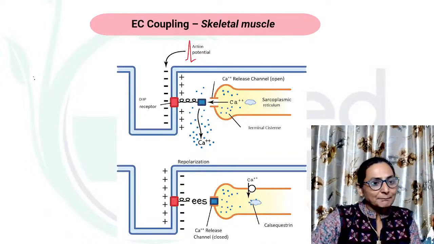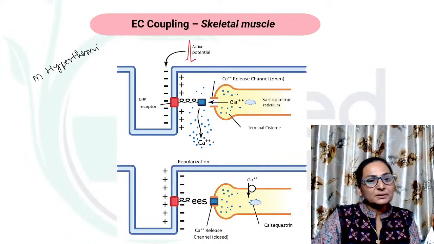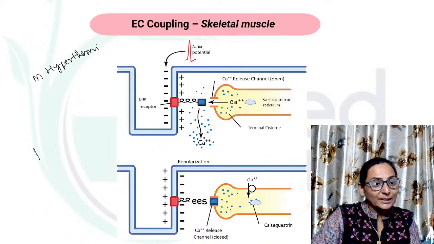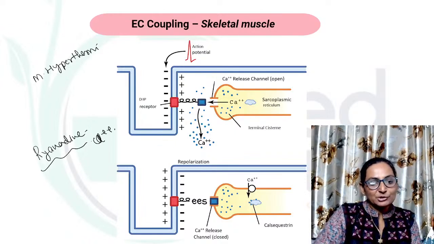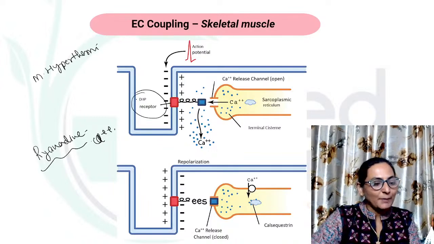Now, this malignant hyperthermia is because of the mutation of the channels present in the ryanodine receptors. These are the ryanodine calcium channels. See, this is the sarcotubular system. These are the T-tubules. The T-tubules have the dihydropyridine receptors, that is the voltage sensors.